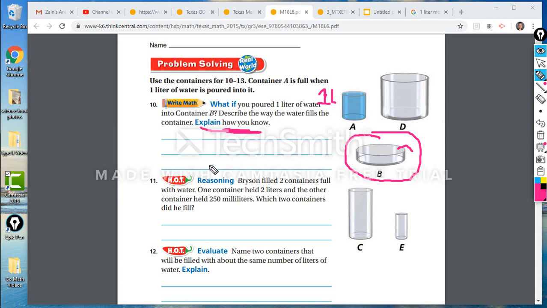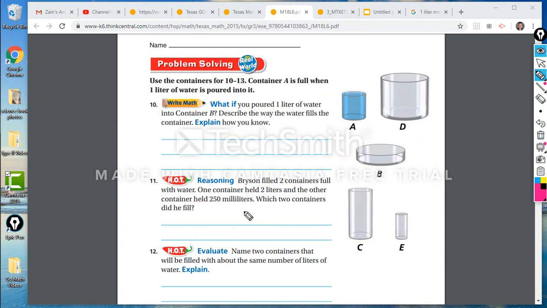Okay. The next one is reasoning. So Brian filled two containers full of water. One held 2 liters and the other container held 250 milliliters. Which two containers did he fill?